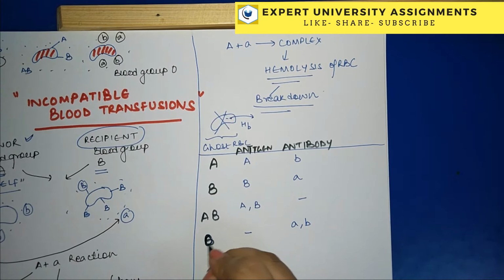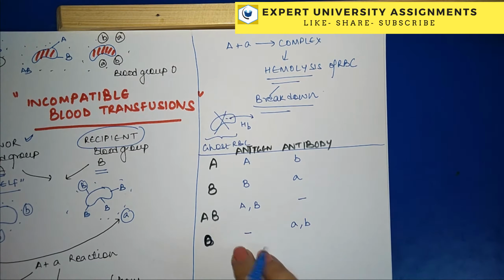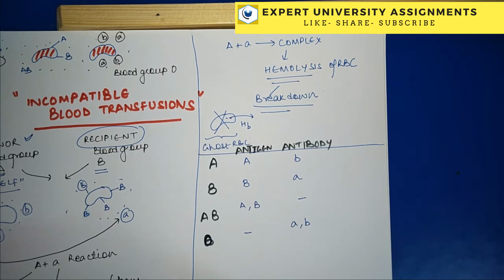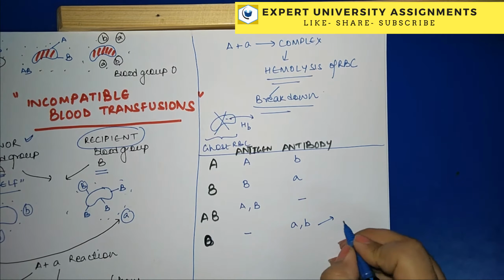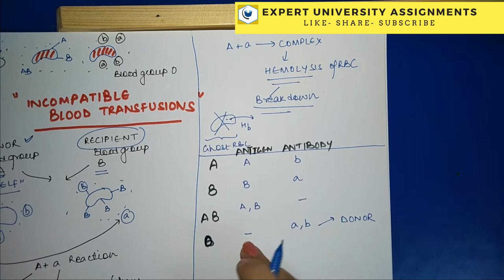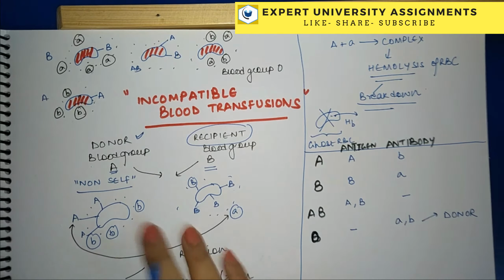So in this scenario, blood group O, which has only antibodies and no antigen, is very, very non-self. It can easily be a donor to anybody because it doesn't have any antigen. And when you don't have any antigen, you won't get into any antigen-antibody reactions, right?